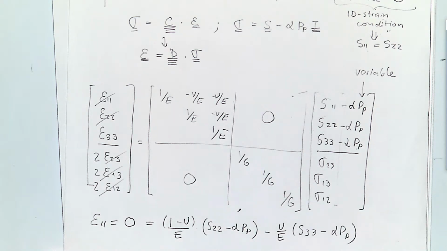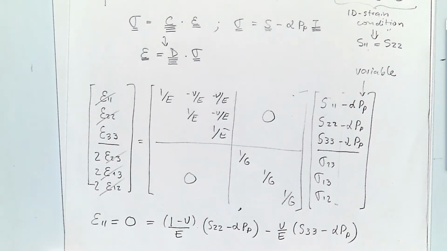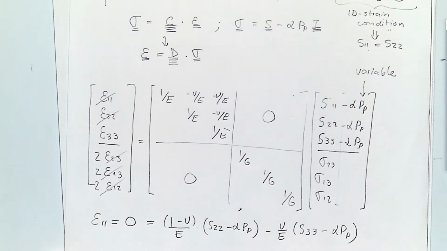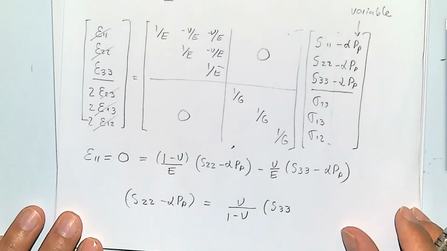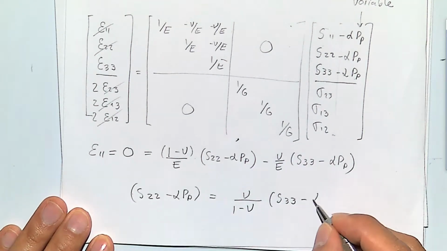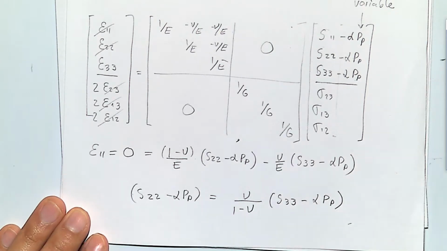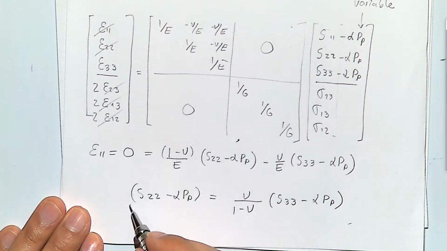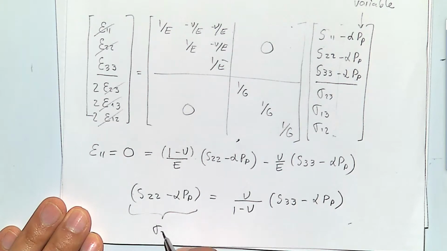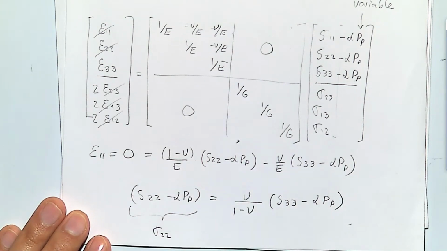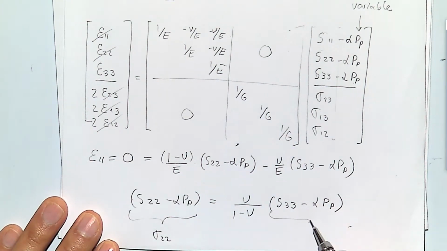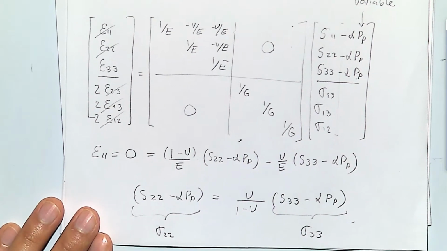This is one minus Poisson ratio. I'll move it right now. Just equal to that, where this one is effective stress sigma 22 in horizontal direction, and this one is the effective stress in vertical direction.